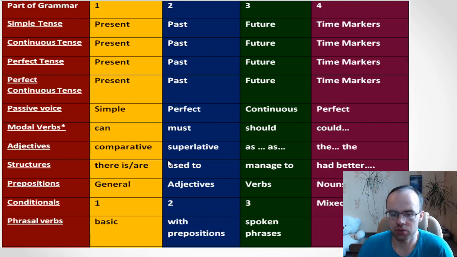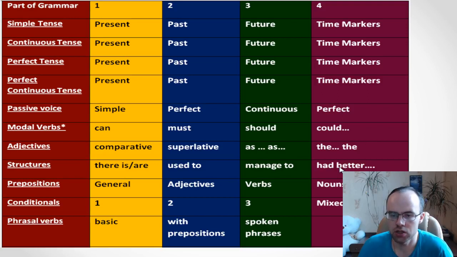Students often ask me, how many English structures should we know? If you remember, we have a video called 150 English structures, so really it's a lot if you are serious about learning English. If you don't want to be a beginner, pre-intermediate or intermediate student, if you really want to be an advanced student, you need to know, I believe, about 200 English grammar structures.